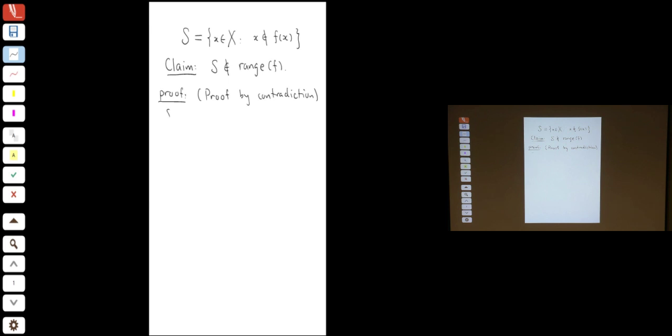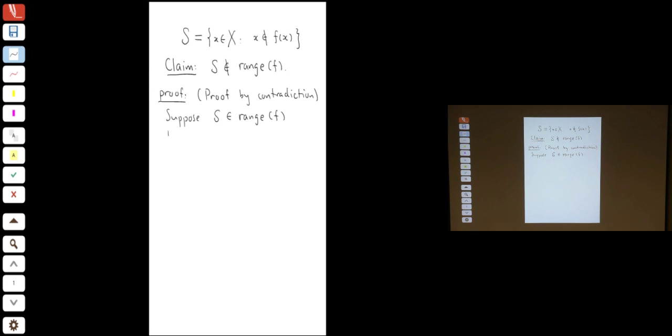Okay, so suppose S is inside the range of f. Now the meaning of being in the range is that you are hit by some arrow.